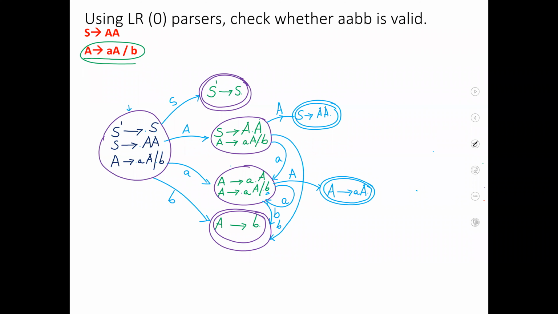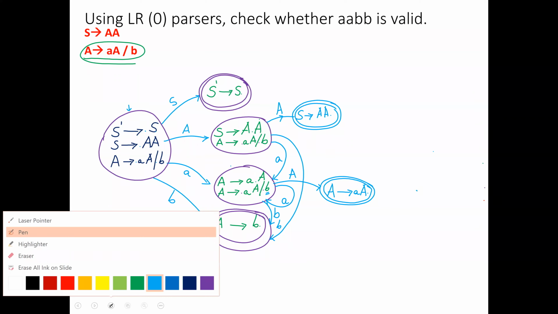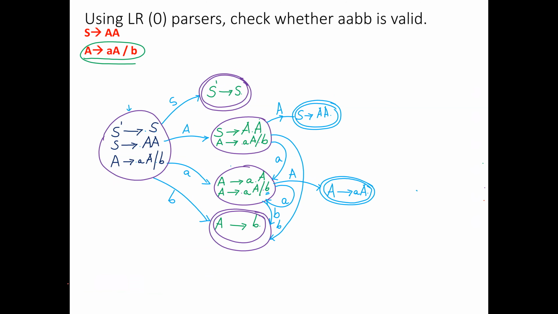Now let's learn a few terms over here. Now, this initial stage, I call it initial closure. This is my initial closure. Now, I do have something called final states. Here, this is a final state, this is a final state, this and this.